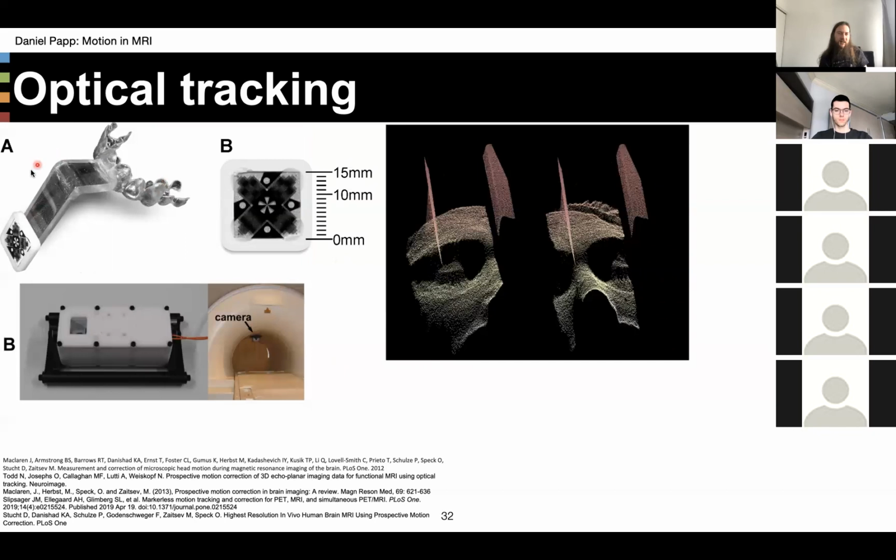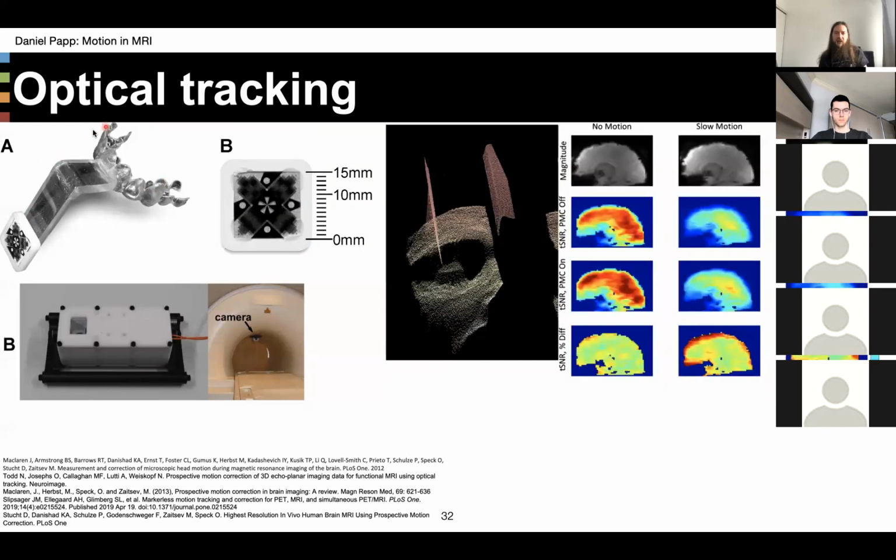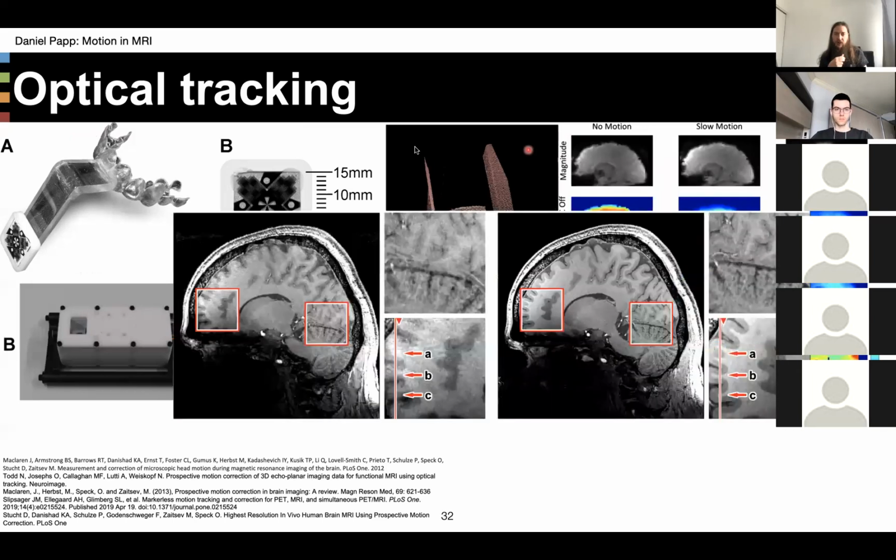But if you have this optical tracking method, then you can correct for motion, let's say in fMRI. This is from my older group in London, where the highest resolution in vivo data sets published, I think, to date, also use optical tracking.